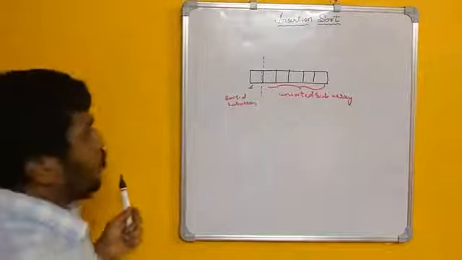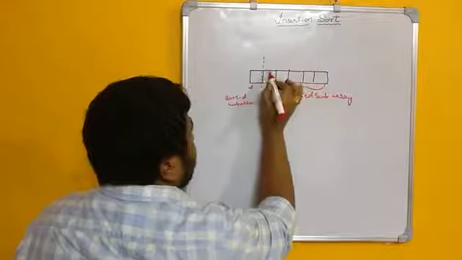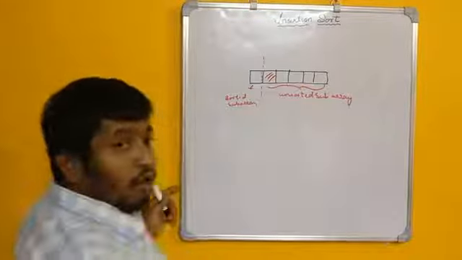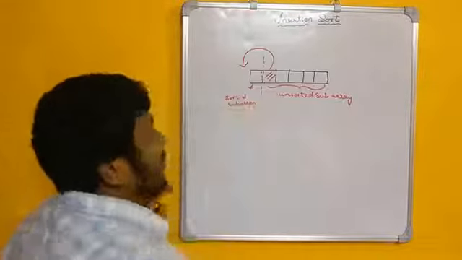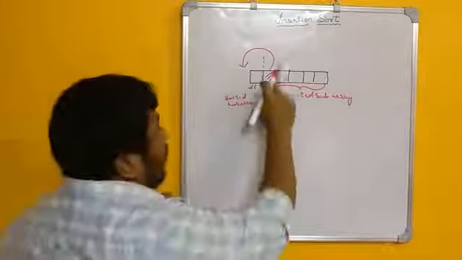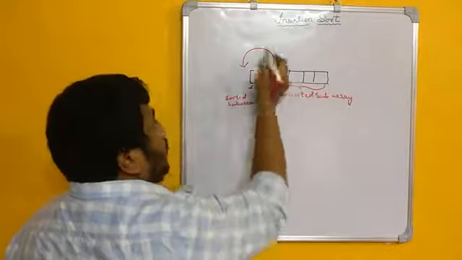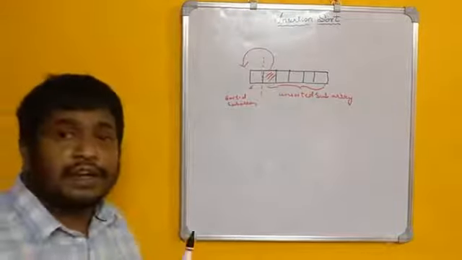What we will do? We will pick the element from the unsorted subarray and we will insert it in the sorted subarray.